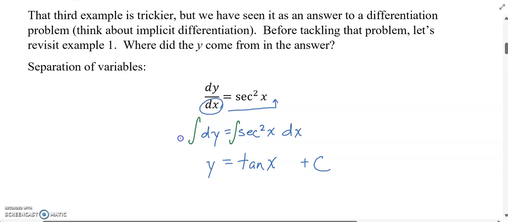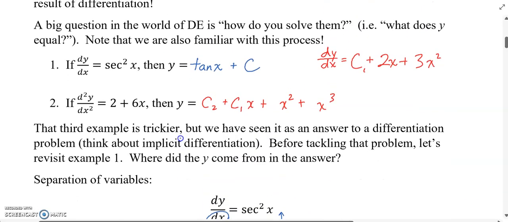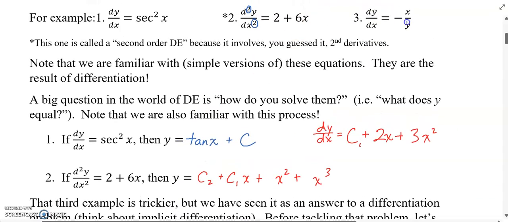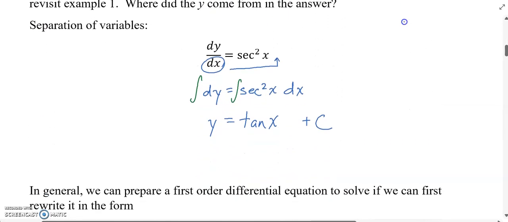But in a situation like this next problem, this example 3 problem, I should say, where we have x's and y's mixed together, then we might want to consider trying to separate the x's and the y's from each other.